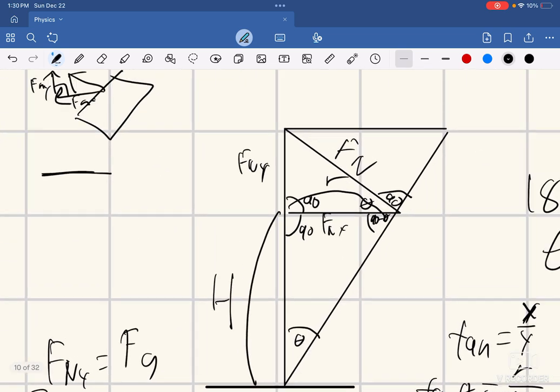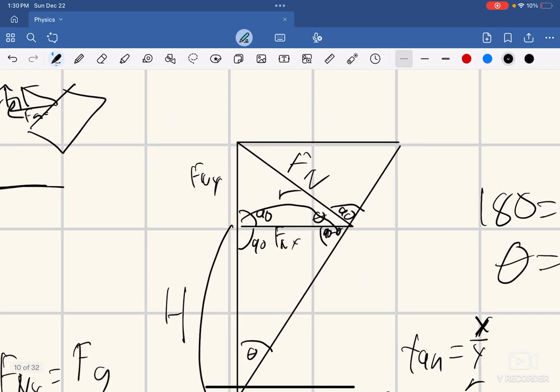So look up here, it's just a sine, right? Sine is opposite over hypotenuse, which is Fn, and you just multiply it over here. So Fn sine theta is equal to Fn y.